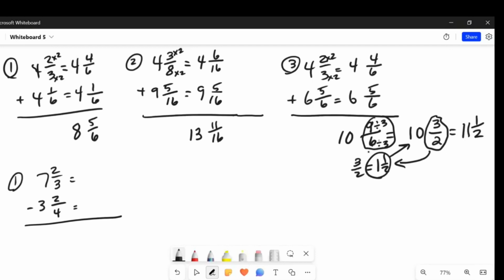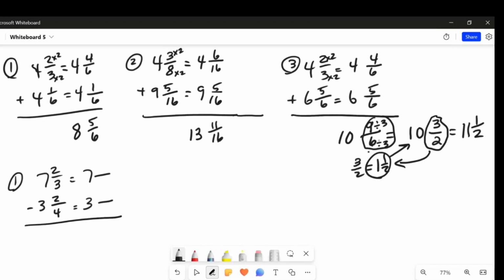We need a common denominator. What is our common denominator for 3 and 4? What's the smallest number that 3 and 4 will go into? Smallest number that 3 and 4 will go into.